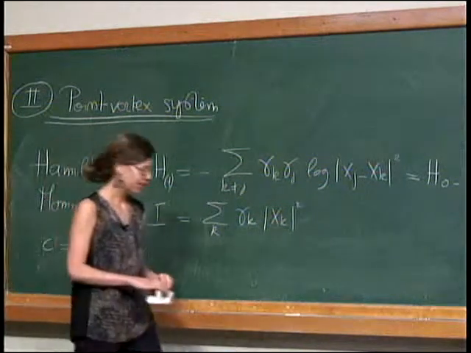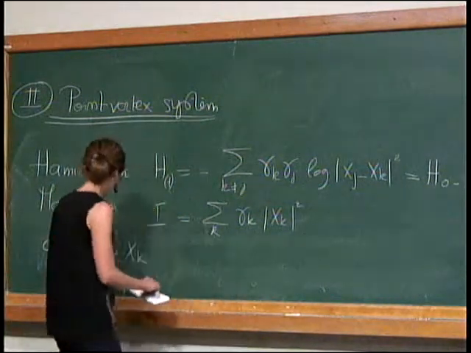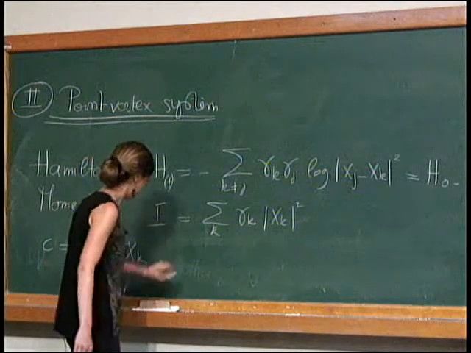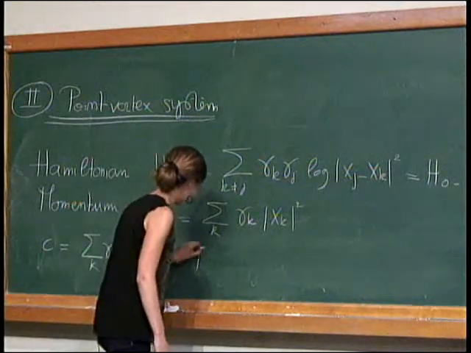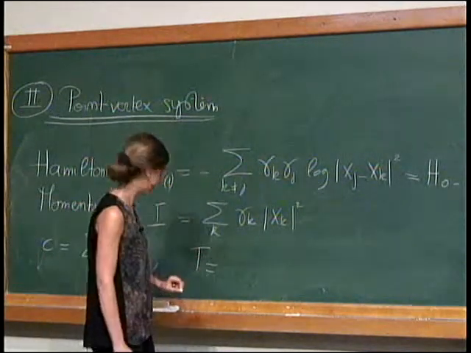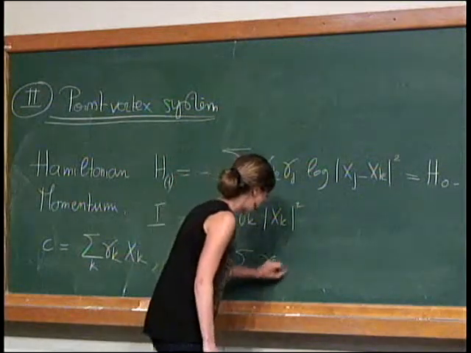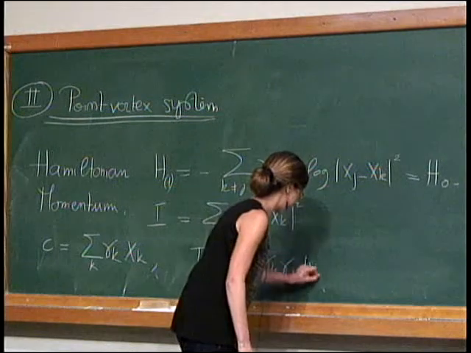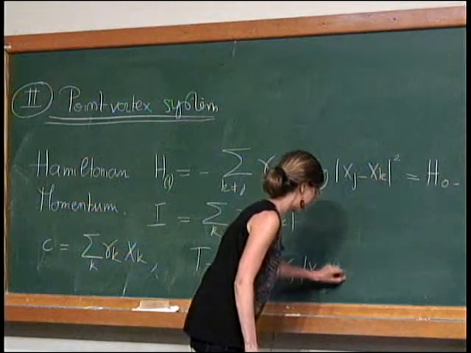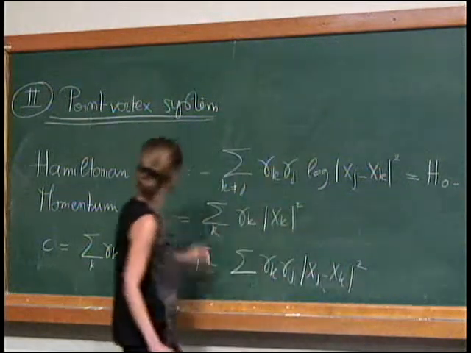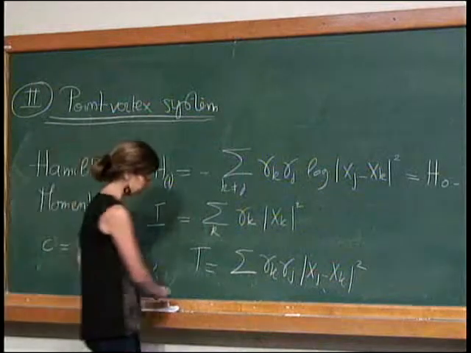And we also have, therefore, the conservation of another quantity which is called T. So this is the sum of gamma k gamma j (xj minus xk) squared. Okay, so all these quantities are conserved.